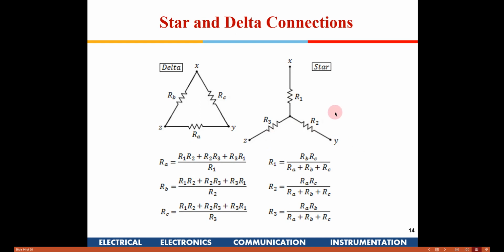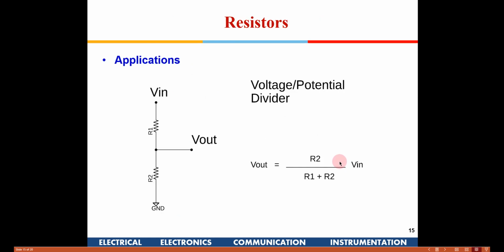So these are the conversions between star and delta connections. This will also be required for your tutorials. I'm putting a little bit of extra slides here so that we progress the tutorials also. These equations will help us in handling some problems which are slightly on the difficult side.